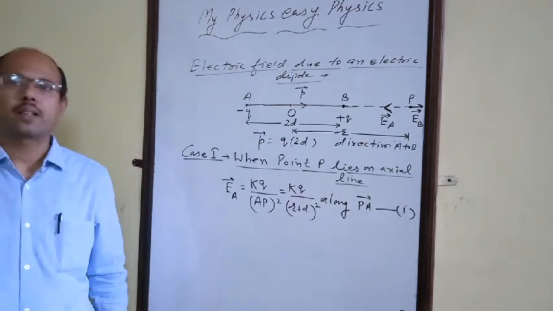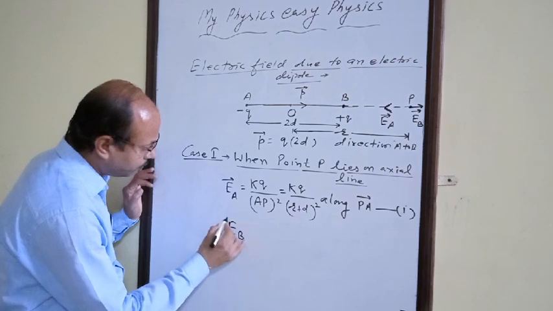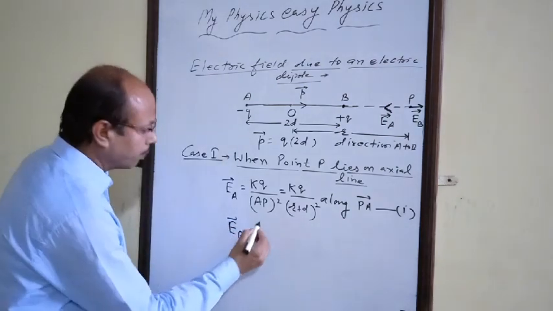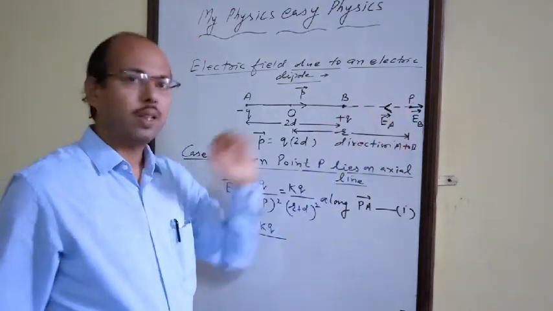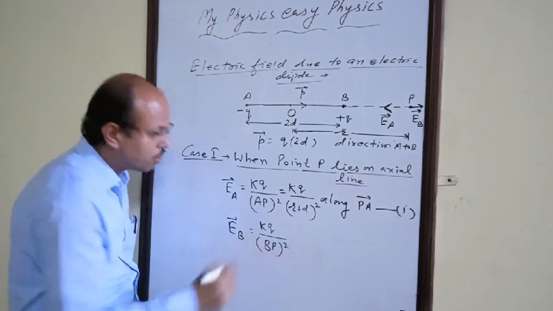Similarly, we write the electric field due to point B, EB. From this diagram it is very clear. EB can be written as KQ by BP square.